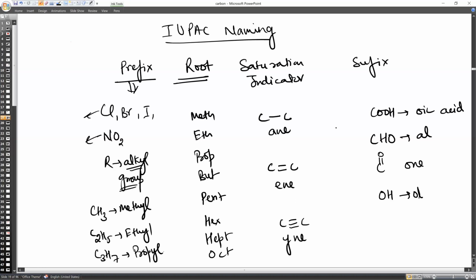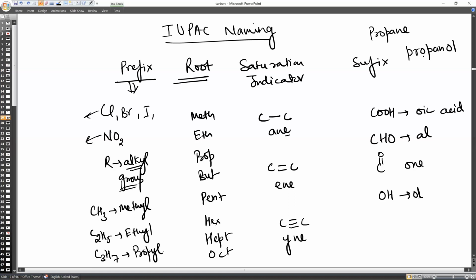You need to keep in mind that these suffixes begin with vowels. So when we add them to the name, we will replace this e. If there is no suffix, then we use ane, like propane. But if I'm writing propanol, we remove the e here, because two consecutive vowels cannot be written.